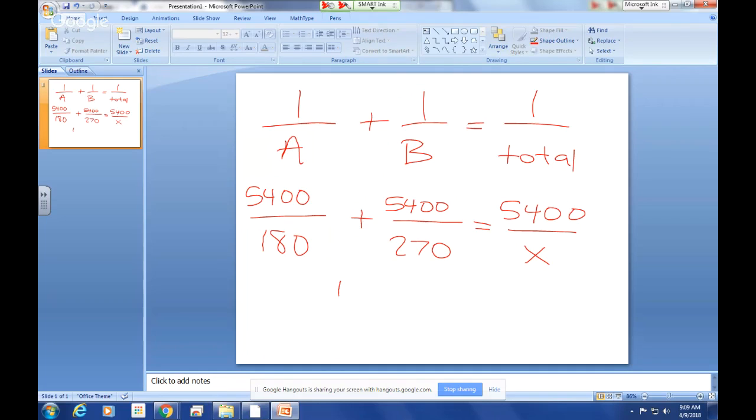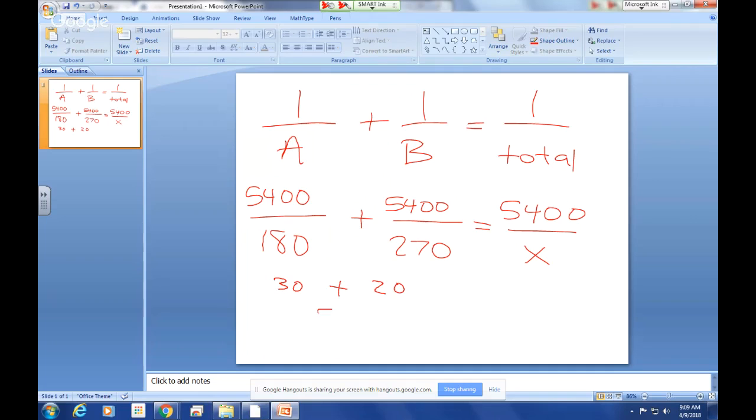Why am I allowed to just type this in the calculator? Because they're on the same side and they're all numbers. Okay. This gives us 30. Plus 20. Okay. And what's 30 plus 20?